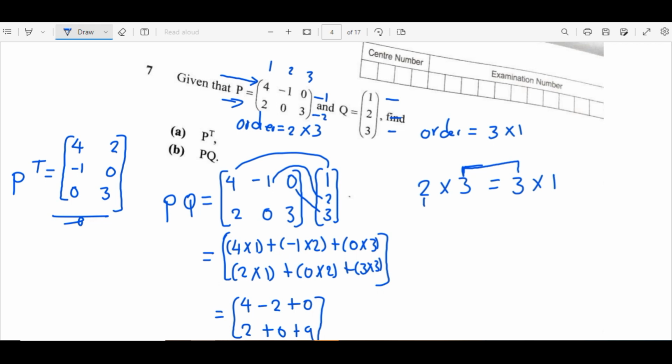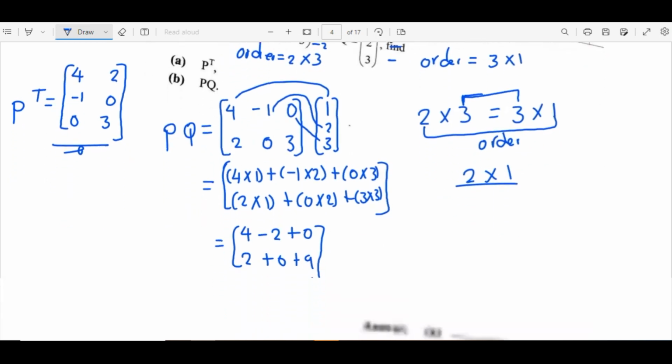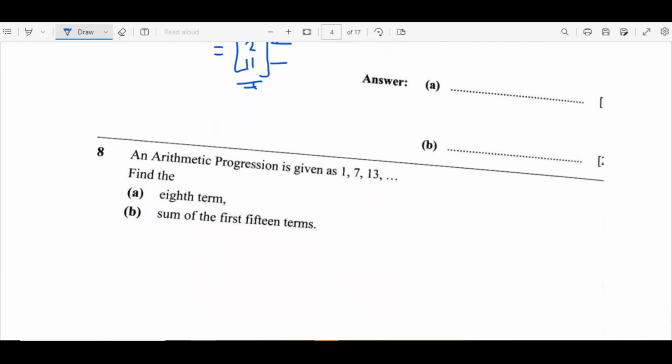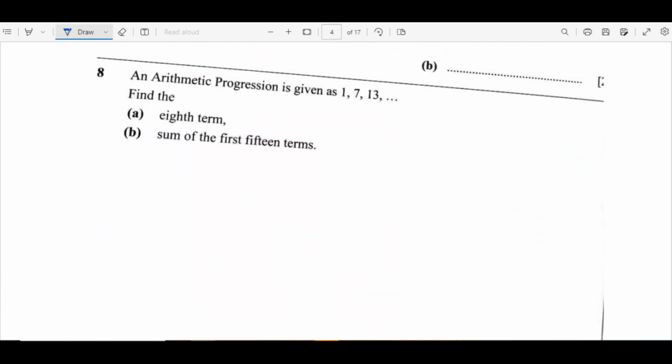The other two outer numbers give you the order of the product matrix that will be formed. So the product matrix is a 2 by 1, and we can see from the answer that we have 2 rows and 1 column, so we have 2 by 1.